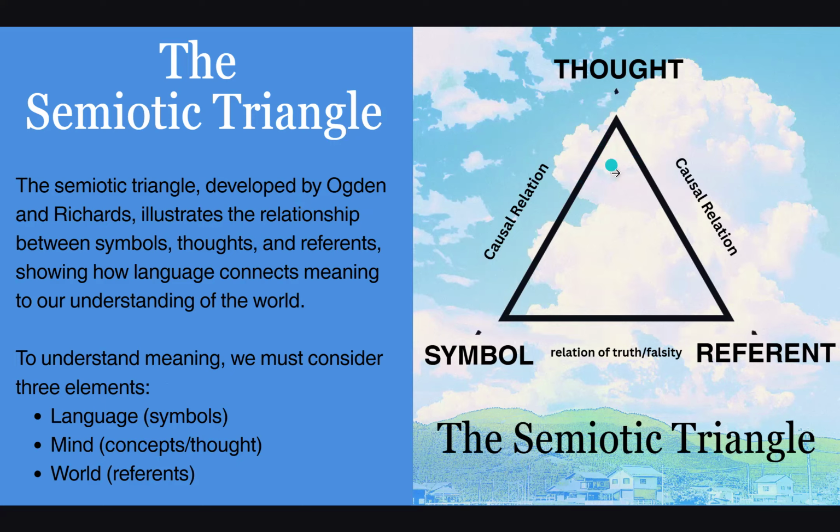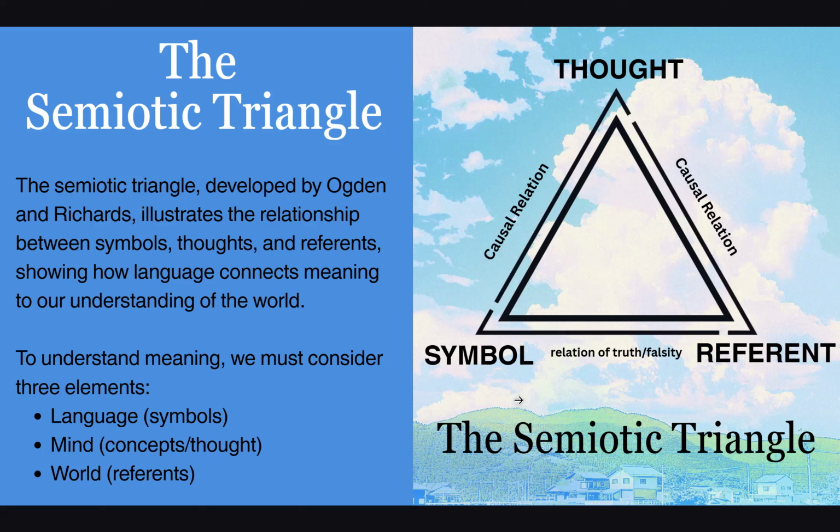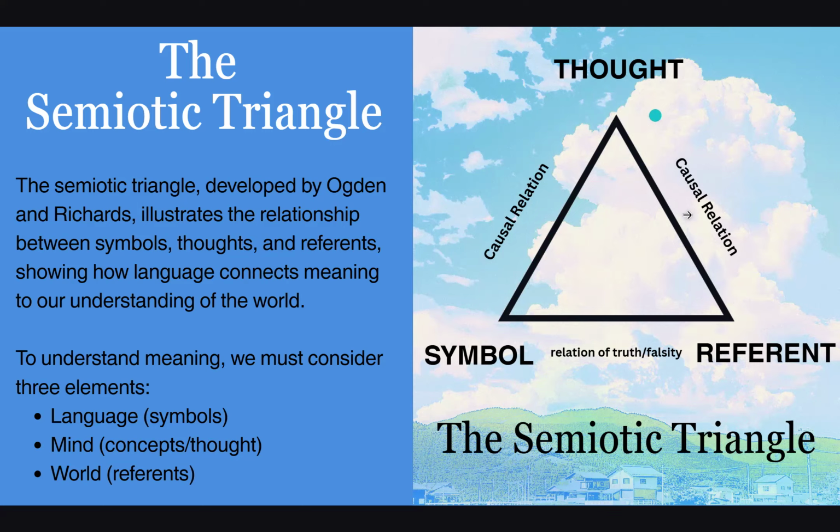You can see in this figure, the semiotic triangle has language as a symbol, and then mind or concept, and then world represent.